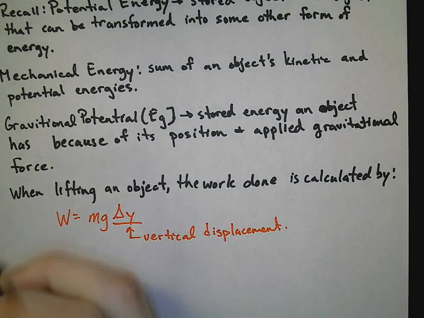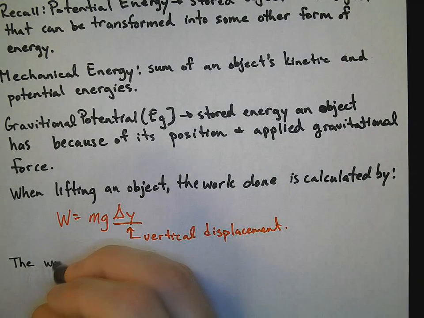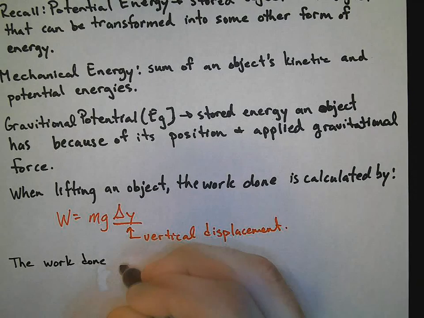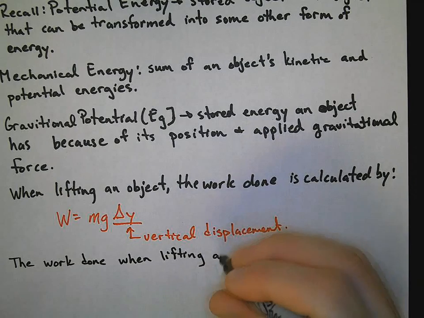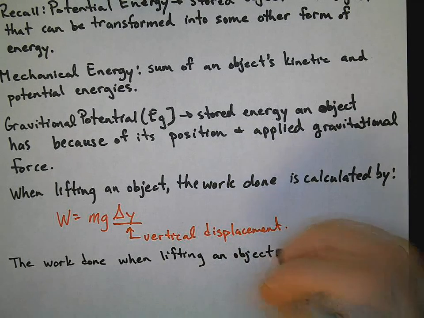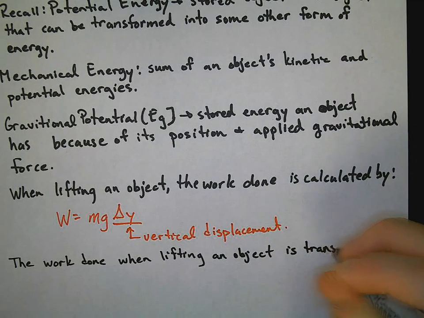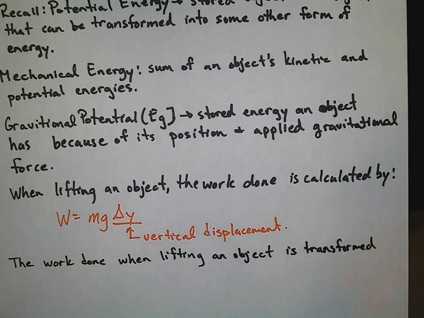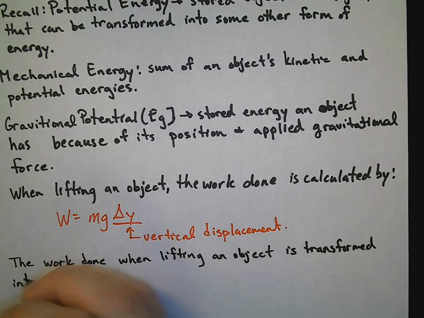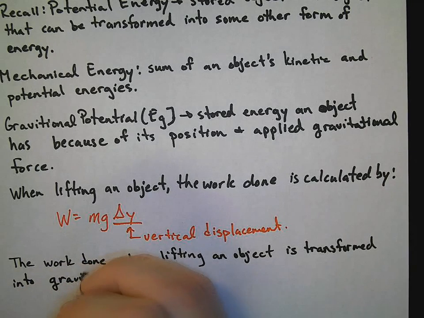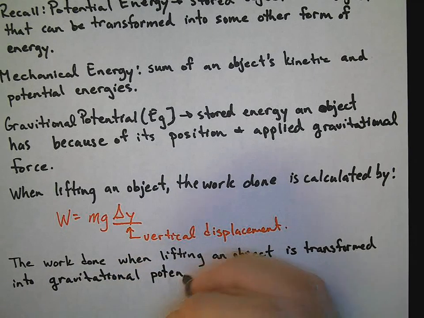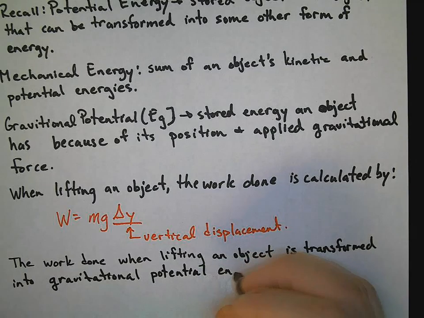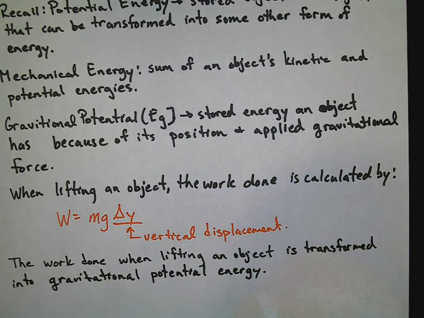We can say that the work done when lifting an object is transformed into gravitational potential energy.